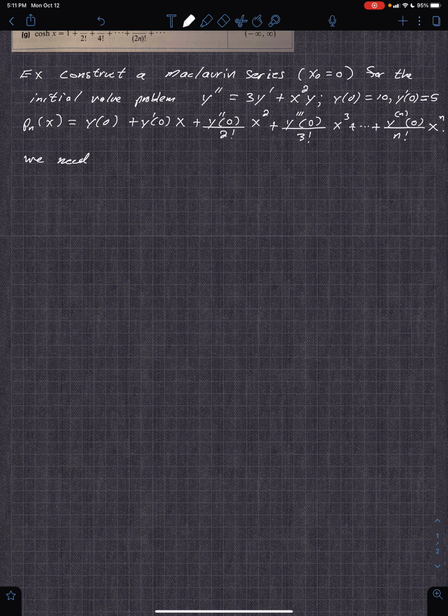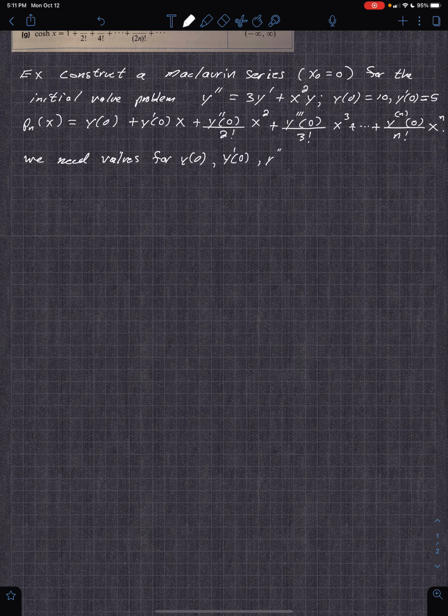So we need values for y of 0, which is, well, actually that's given, but we'll just say we need that value. And then y prime of 0, which is given.